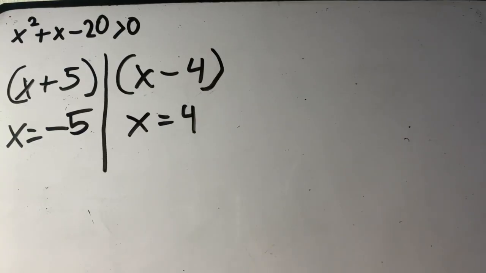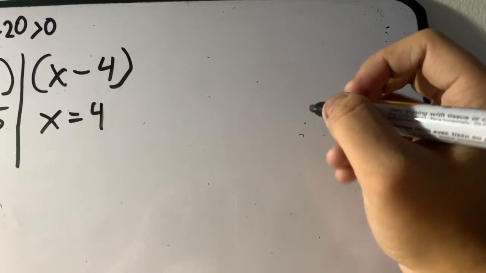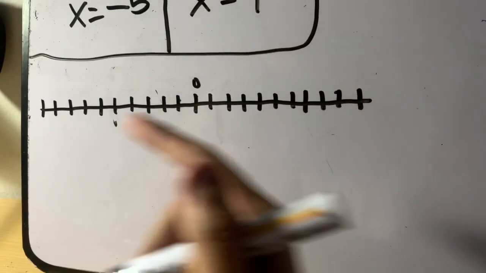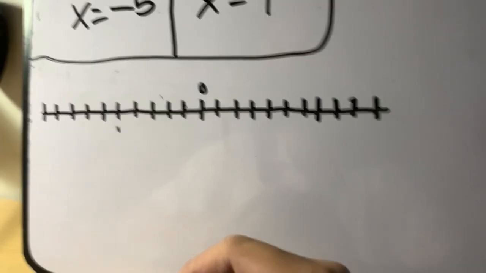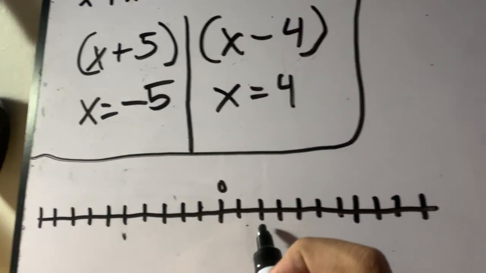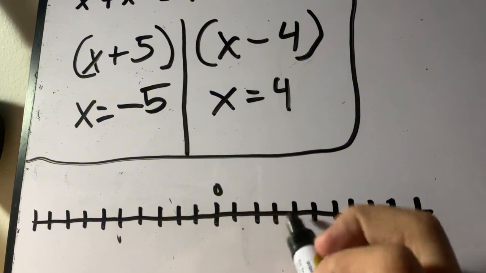So does this mean we are done? The answer is no. We're going to put this first in a number line. So we have our number line now. This is 1 to 10. We're going to look for our two values, which are negative 5 and 4. So let's count: 1, 2, 3, 4. So here's 4.